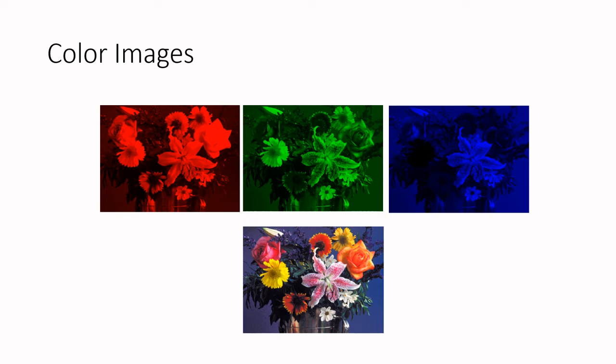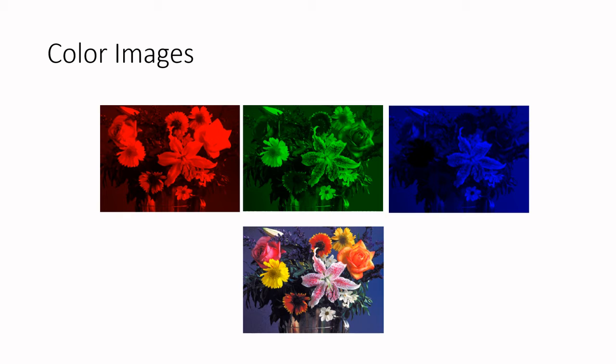So here is another representation, just to give you an idea of how color images are formed or how we look at color images. The image at the bottom is the color image that you will see if you print it out or if you capture it with your camera. The image on the left in the top row is the image in the red channel.